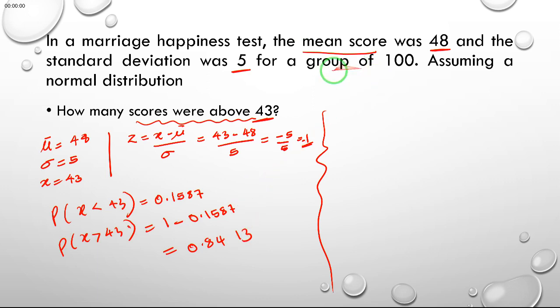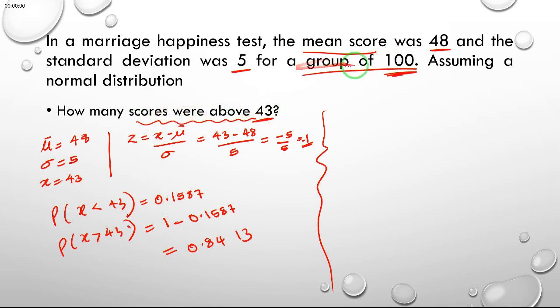That is equivalent to 0.8413. Now remember, we are told that we have a group of 100. The normal distribution with the z-score assumes a group of 1. So when you're told it's 100, we say that about 84% score above 43.